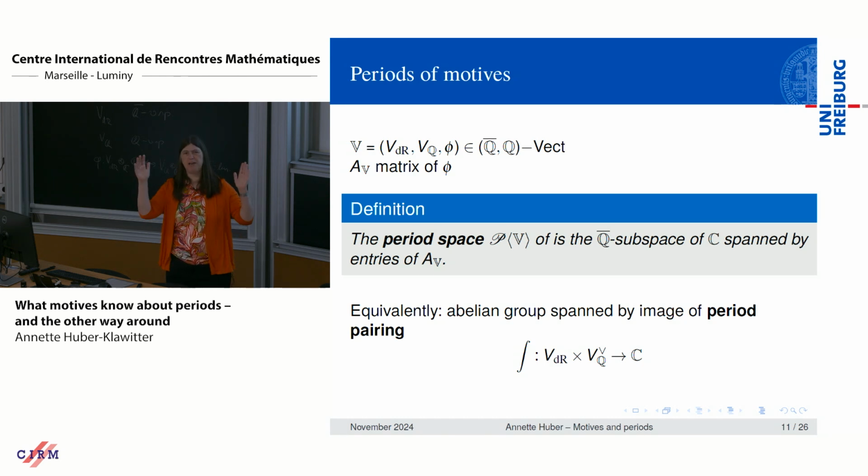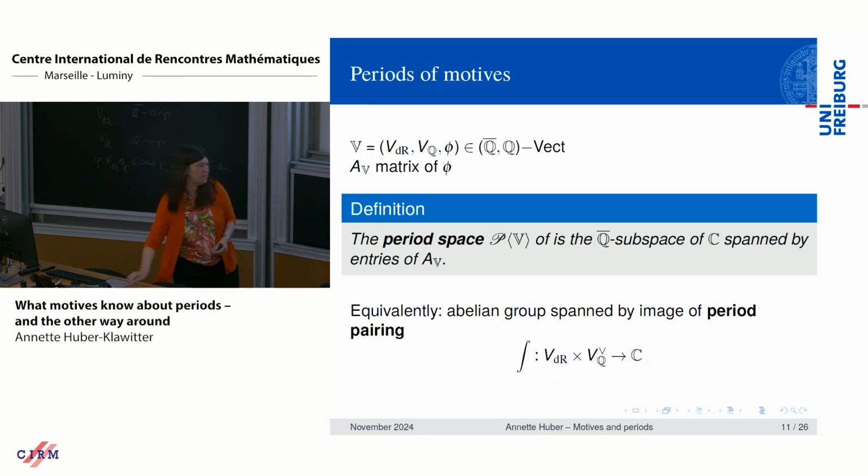We start with a bilinear map, and then we say that a bilinear map is the same as a map from V to the dual of the other vector space. So secretly, the de Rham part is de Rham cohomology, and the singular part is singular cohomology, and then the dual of the singular realization is singular homology. That's the more natural thing to do. We're talking about a pairing between de Rham cohomology and singular homology.